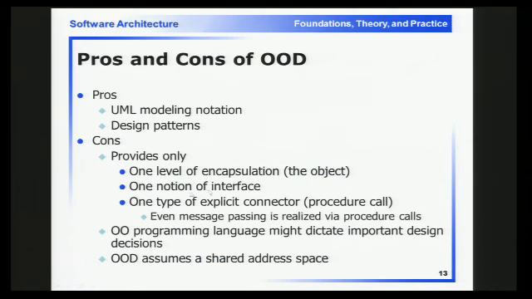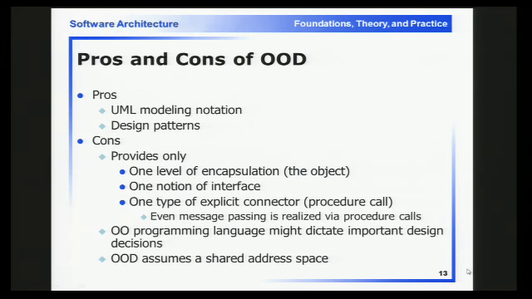And there is only one type of explicit connector, right? This is tied to the unique type of interface supported by objects. So even if message passing is realized through a procedure call, sometimes it is not efficient or effective to support the reuse and migration of the components.